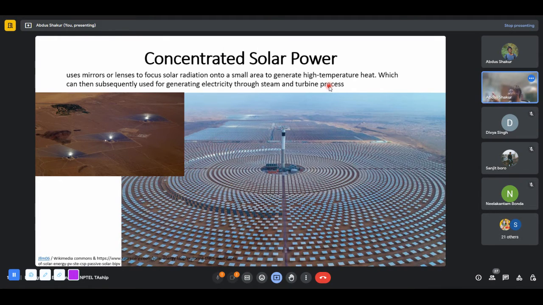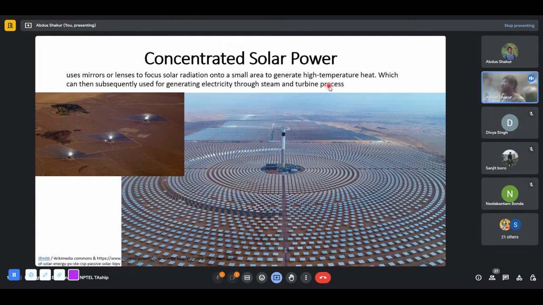You can use that heat energy to convert water into steam, and then that steam can be used to turn a turbine, and then you have electricity generation, which is the way we generate most of our electricity. So that procedure can be done normally.